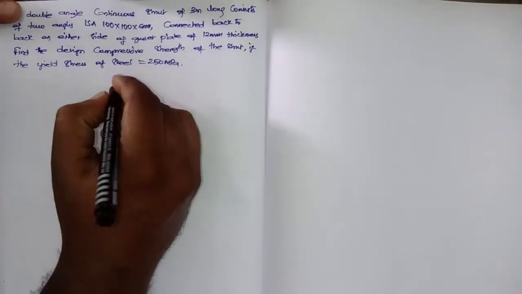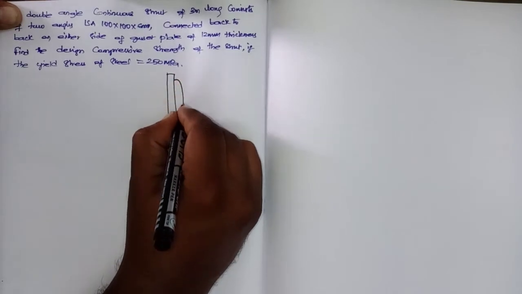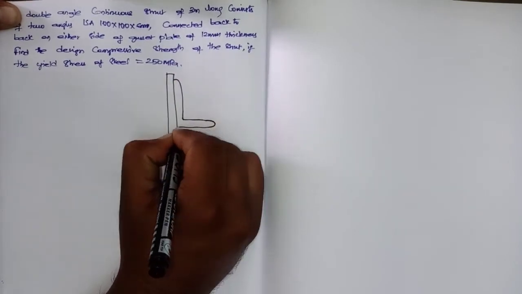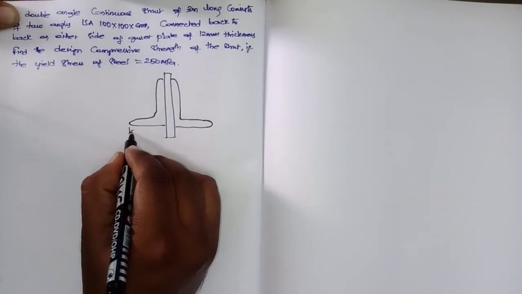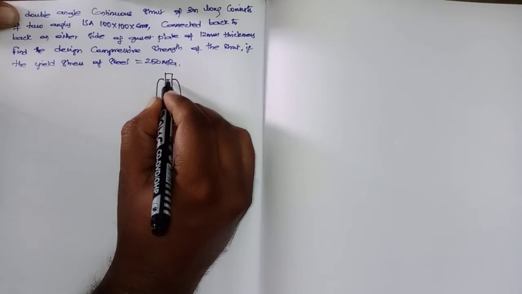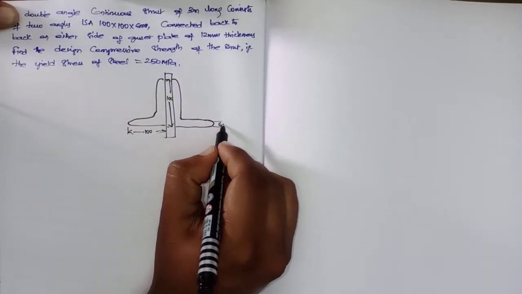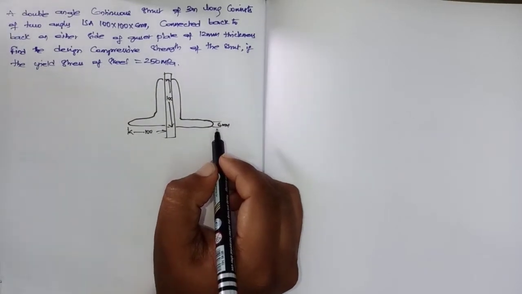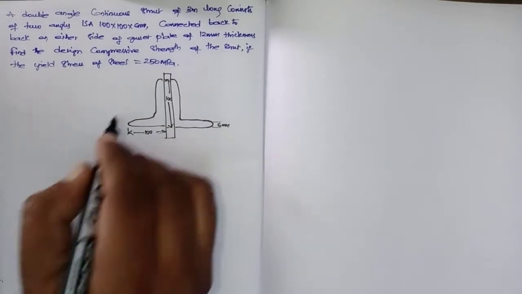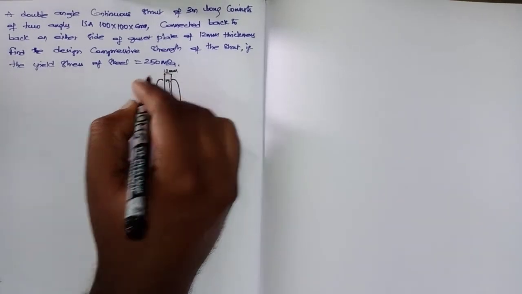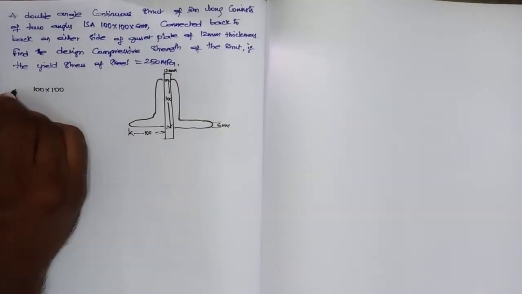It is connected to the gusset plate on either side, and it is an equal angle section, which means this is 100 and this one is also 100, and the thickness is 6 mm. Now the gusset plate thickness is 12 mm.